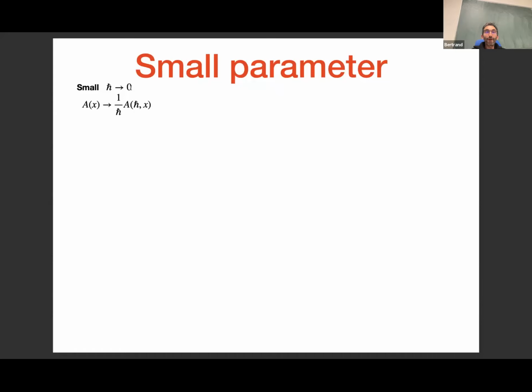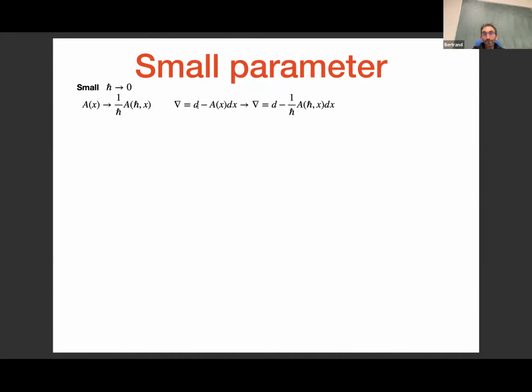So basically, it consists in rescaling. This small parameter limit is like taking a very large A. So you rescale A by 1 over h bar, and it could still depend on h bar. But let's assume that it has a limit, h bar going to 0 times 1 over h bar.